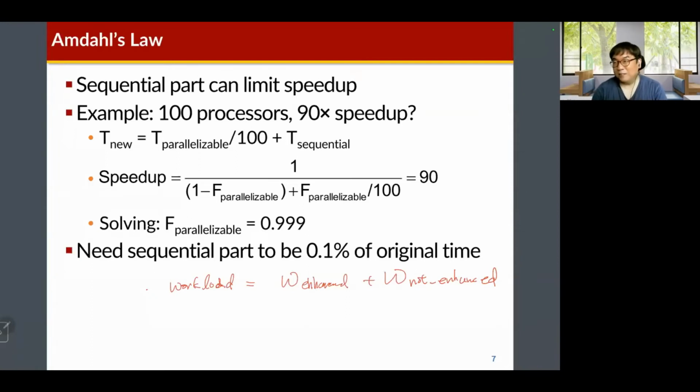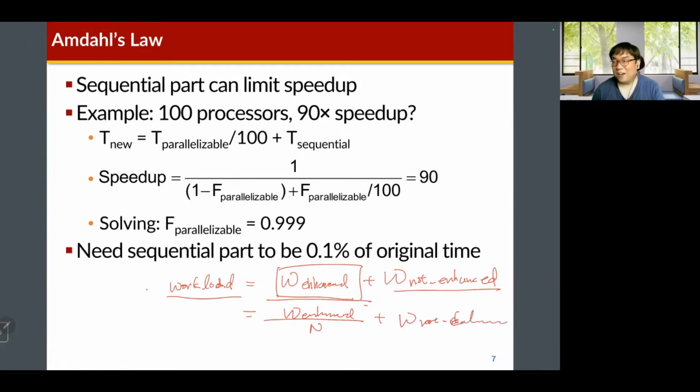We cannot improve everything. So we divide our workload into two parts, the part which can be enhanced and the part which cannot. By our new idea, only this part can be improved. If it is improved, we can reduce the execution time of this part by some factor n, and the other part is not changed.